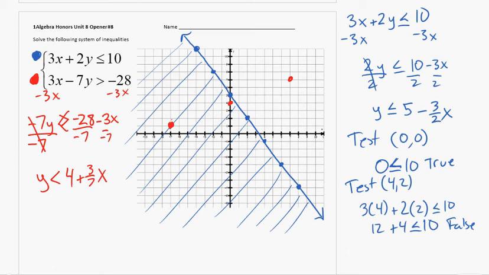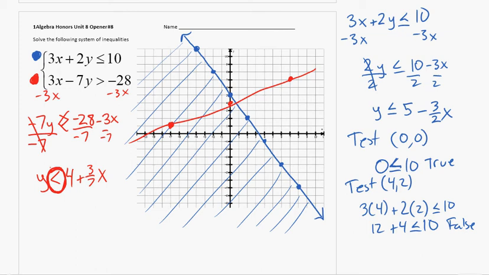Now, one mistake that a lot of people make right now is they just go ahead and draw the line through those points, and here's why that's a mistake. For starters, I didn't do a very good job of getting it through the points. But the other reason is that this inequality is not or equal to.